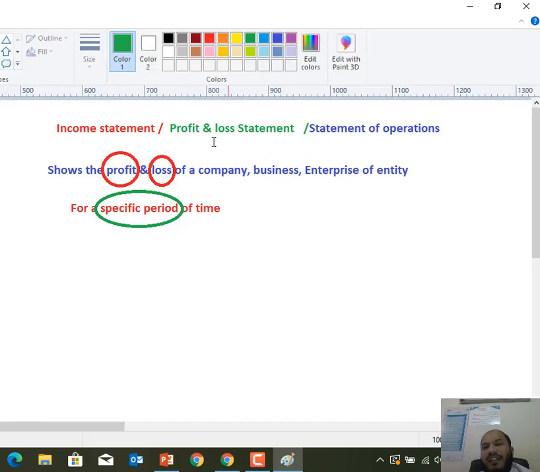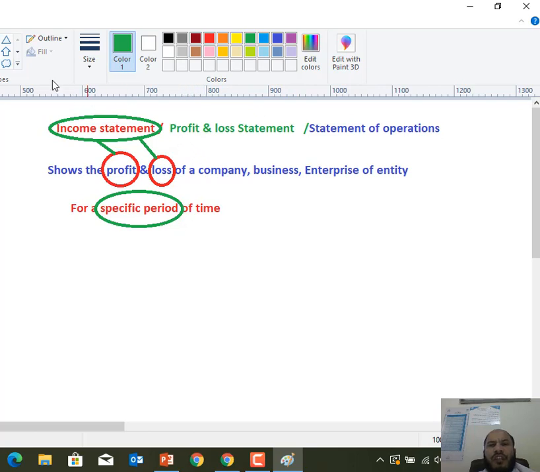Why is it called the statement of operations? Why is it called the profit and loss statement? Why is it called the income statement? So see, dear students, it is called the income statement because it shows us the profit of the company for a specified period of time, or in other words, it shows us the loss of a company for a specified period of time.